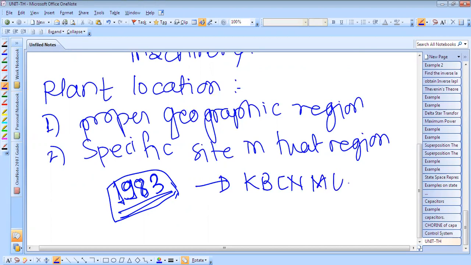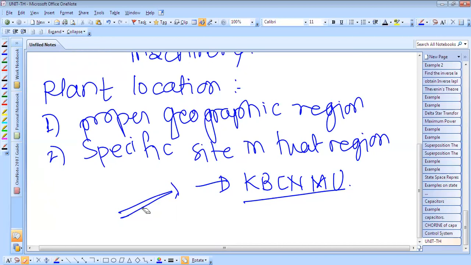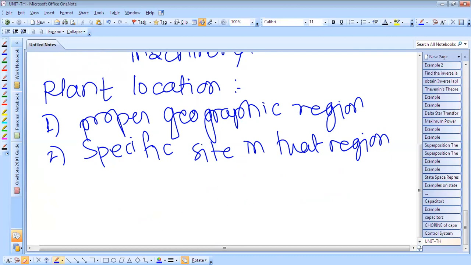So those who suggested this site did not even know how important a site it would be in the future. In this way we have to select the site for your plant, for your factory organization, so that it will be easily accessible.